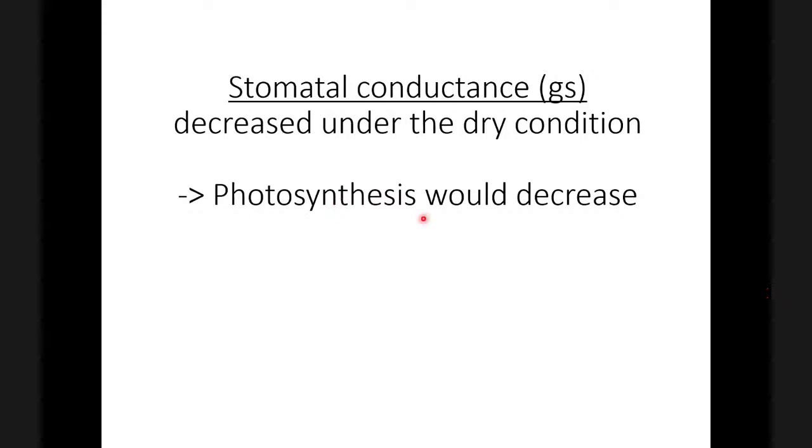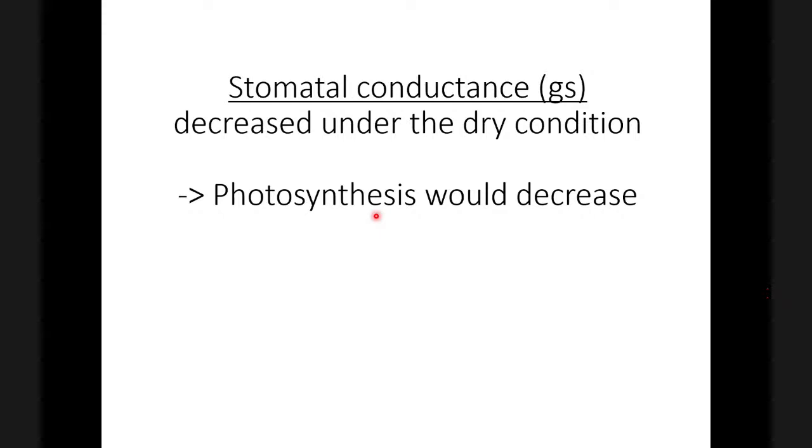By monitoring stomata conductance behavior, we can predict the change of transpiration, and due to that change, plant temperature will increase. And due to stomata closure, photosynthesis should decrease. But monitoring stomata conductance is not so easy, as we need to measure it with those types of instruments.